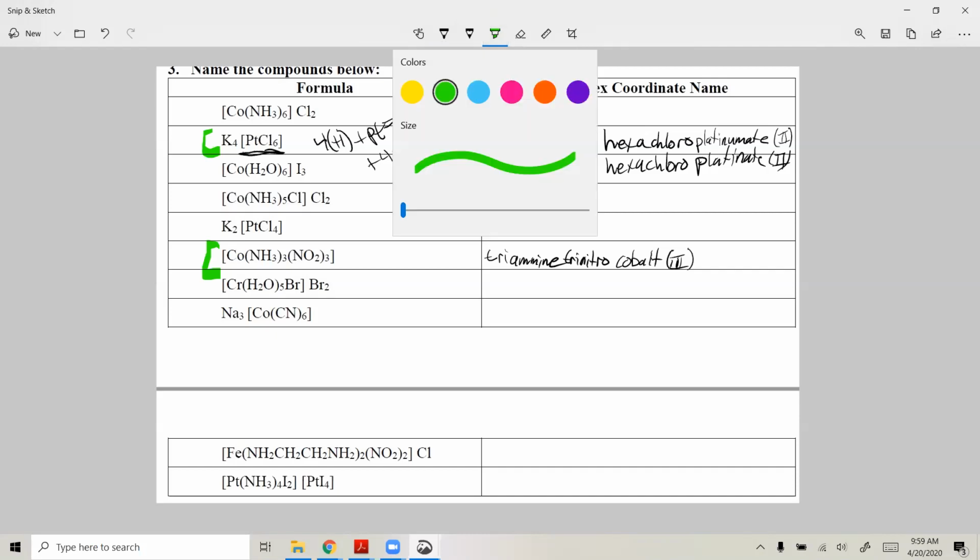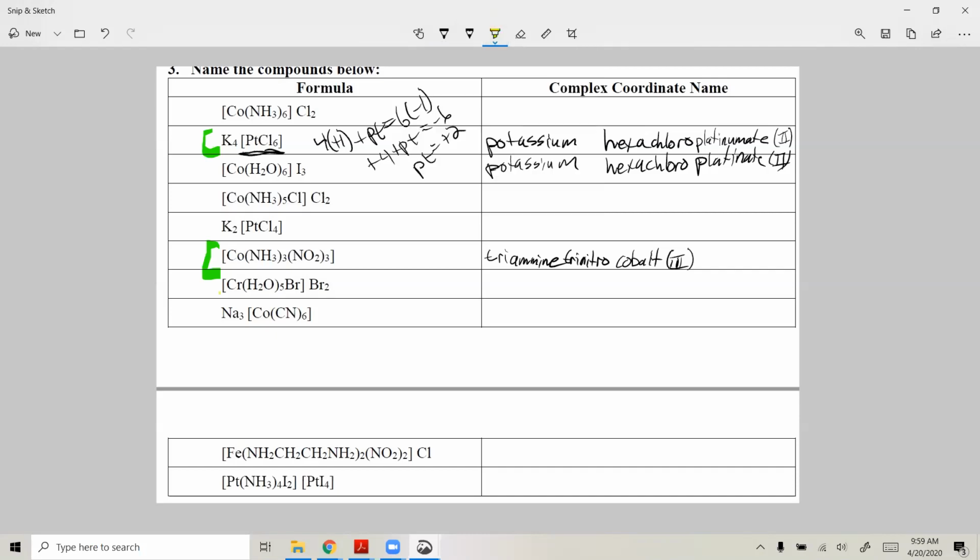The next one that we're going to look at is right below. We're going to look at the chromium one. Be very careful about how you end things, because we have bromine that's associated with the complex, or the coordination complex, and we have bromide ions that are balancing out your salt. So think about how that changes things for your name.